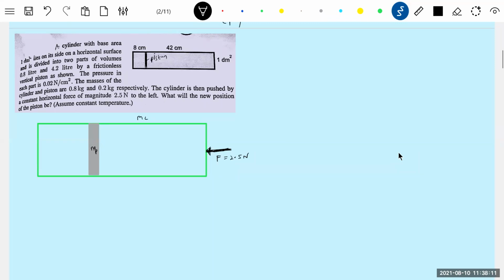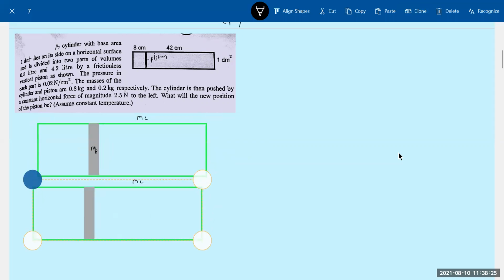What is the state of the piston? The piston earlier was at 8 centimeter. Okay, this is without force. First, we'll have a diagram. This was 8 centimeter. Now definitely, what do we expect? The position of that has to change, no?